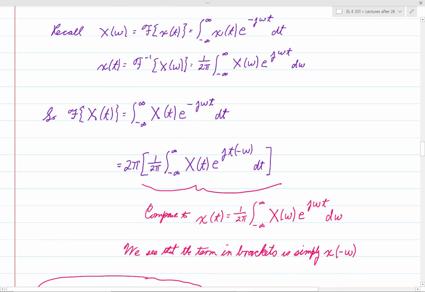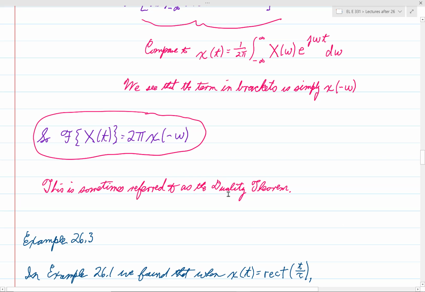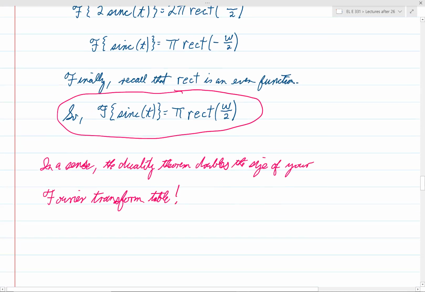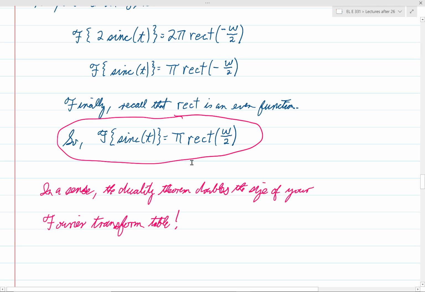So you can see that this duality theorem right here is definitely something that's nice to know about. And again, I'll repeat, as I've already said, in a sense, the duality theorem doubles the size of your Fourier transform table, because once you get one Fourier transform pair, then you can use duality to get a second one.